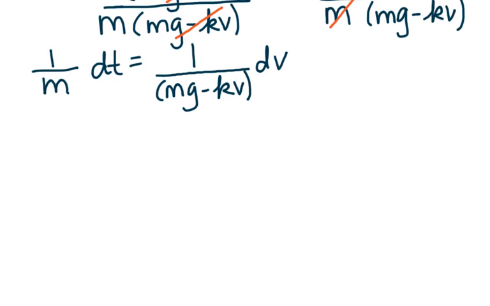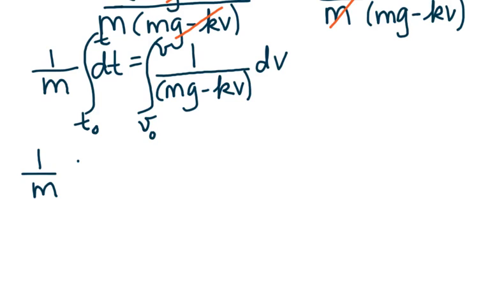So the next thing I'm going to do is integrate. And for my integrands, I'll have initial time to final time, initial velocity to final velocity. Now, when I integrate 1, I'm basically going to have t, and I'm going to evaluate my final time and my initial time. That's the left side.